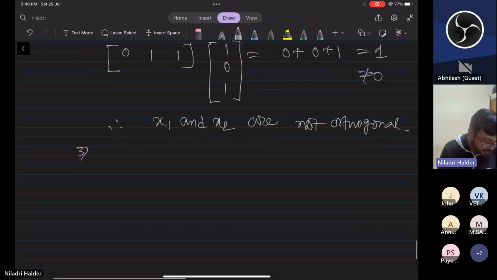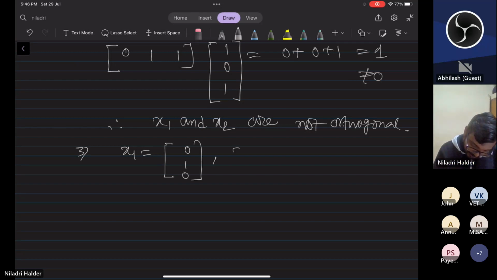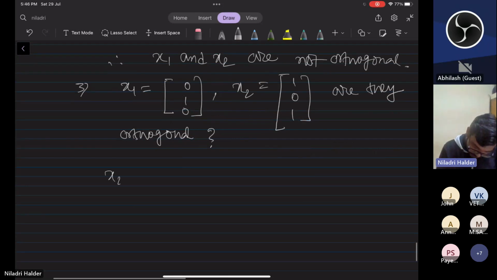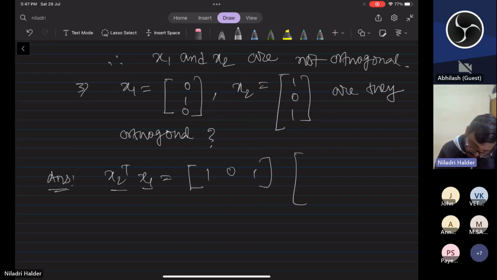And the third question is, let's take x1 equals 0, 1, 0, and x2 equals 1, 0, 1. So are they orthogonal? Let's check x2 transpose x1, that is 1, 0, 1 times 0, 1, 0, which equals 0 plus 0 plus 0, so 0.